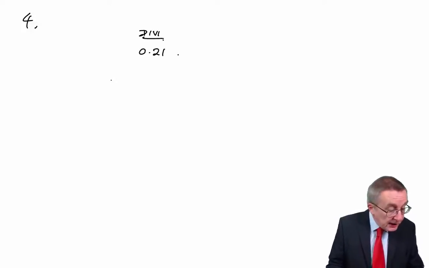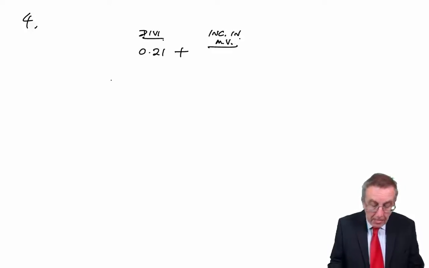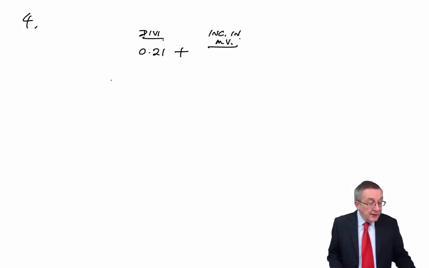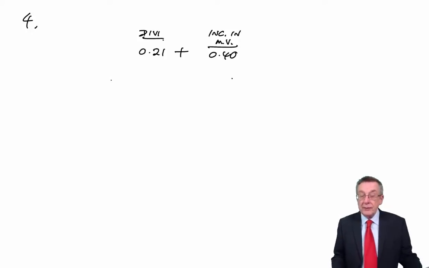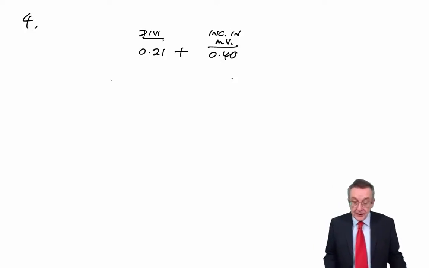In addition here, there's been an increase in the market value. At the beginning of the year it was $3.10, at the end of the year it was $3.50. So an increase of 40 cents or $0.4. So in total they're benefiting to the tune of 61 cents.